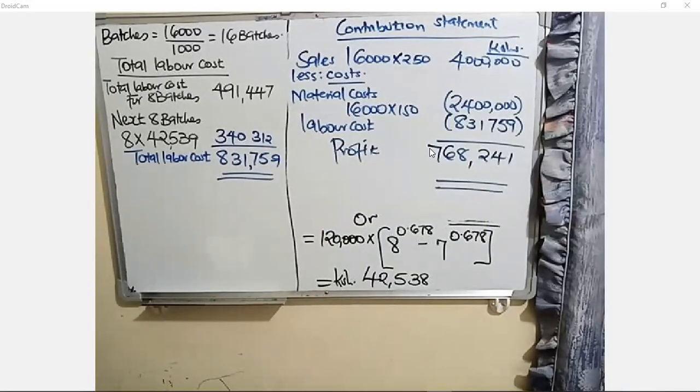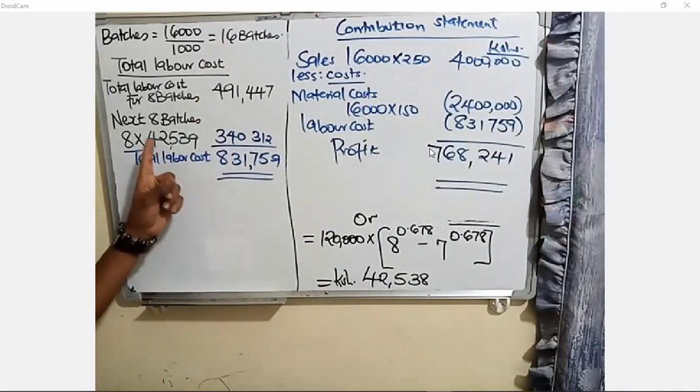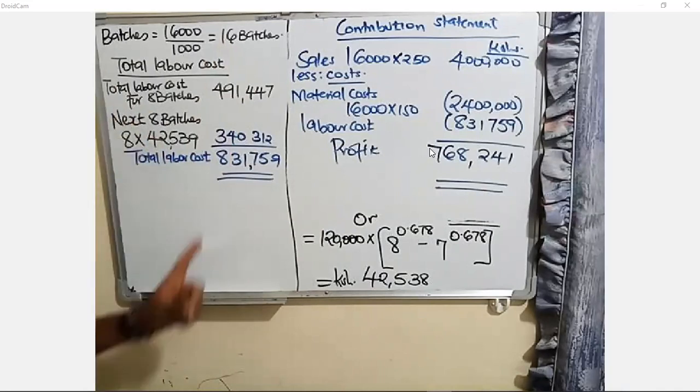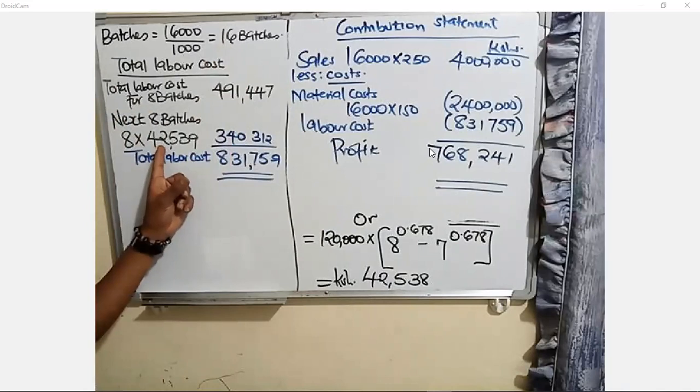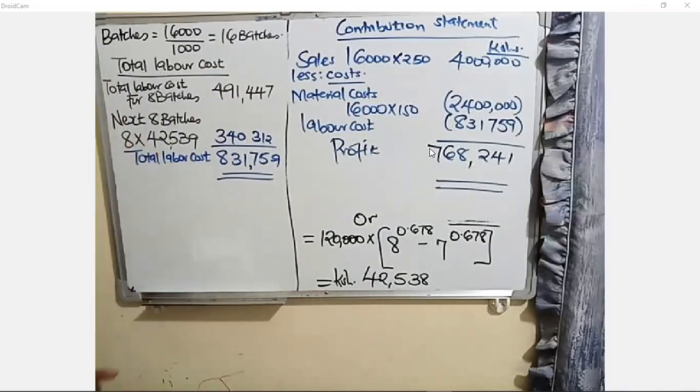Remember, the 8th batch is just one batch, and we have 16 batches. The examiner told you that from the 9th batch to the 16th batch, the production cost will remain the same. That is why we calculated and got 42,539. That cost will remain the same for the next 8 batches.